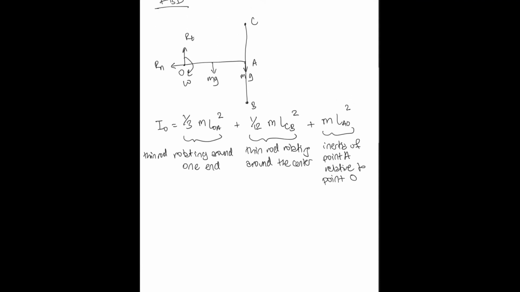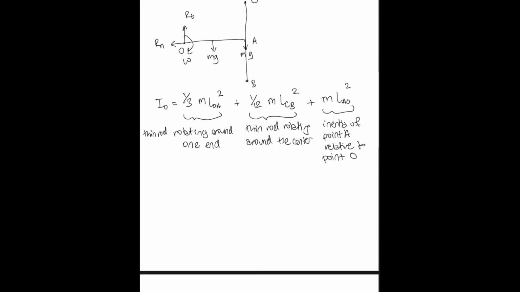And now that we've got our equation set up, now we can plug in our known values. So 1/3 multiplied by 8 multiplied by the length of OA, which is 0.5 squared, plus 1/12 multiplied by, again, 8 multiplied by 0.25 plus 0.25, which is 0.5.